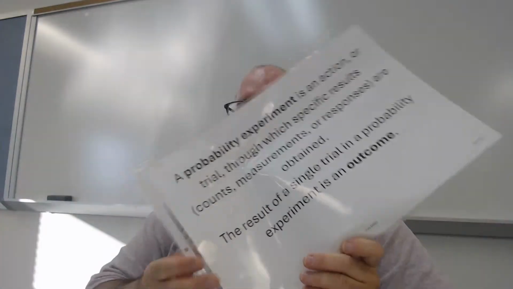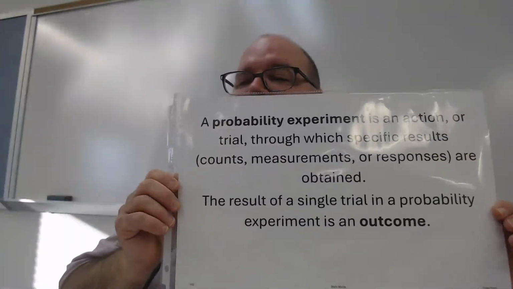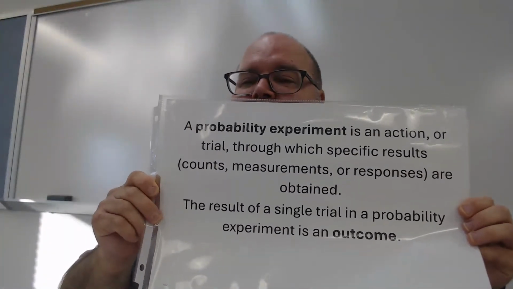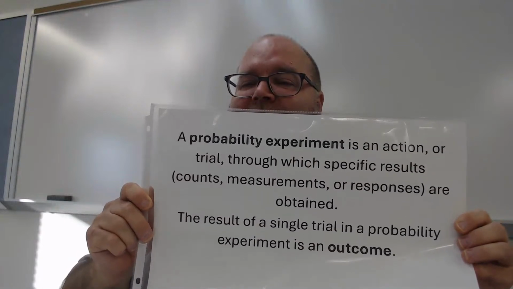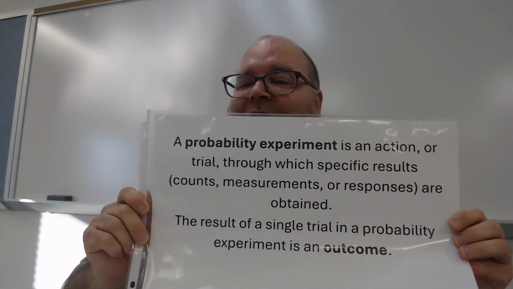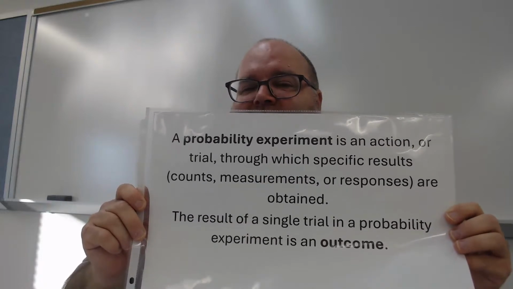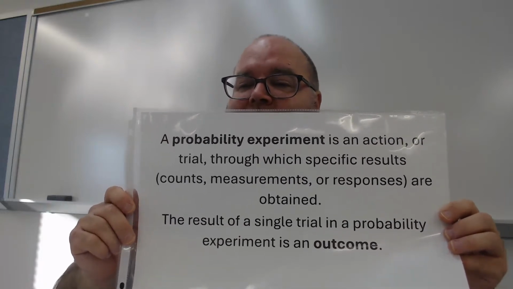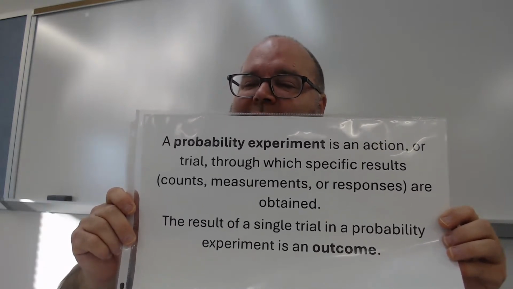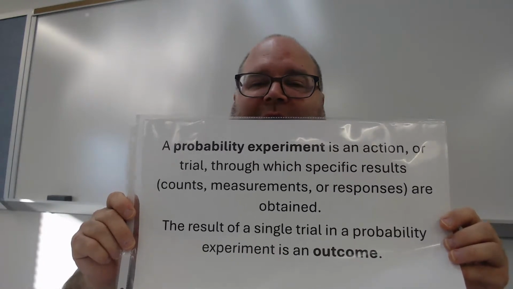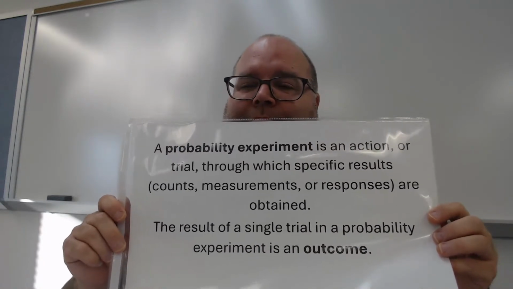So one key initial idea that goes along with probability is that a probability experiment is an action or trial through which specific results, such as counts, measurements, or responses, are obtained. The results of any single trial in a probability experiment is called an outcome.